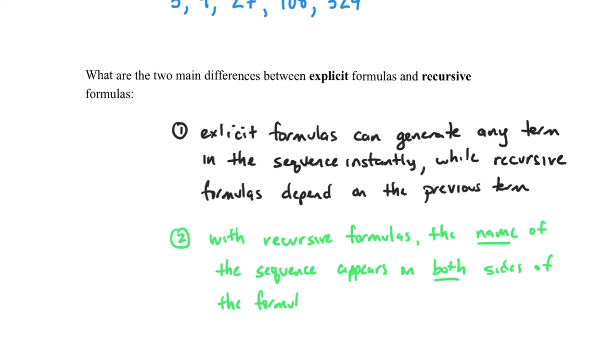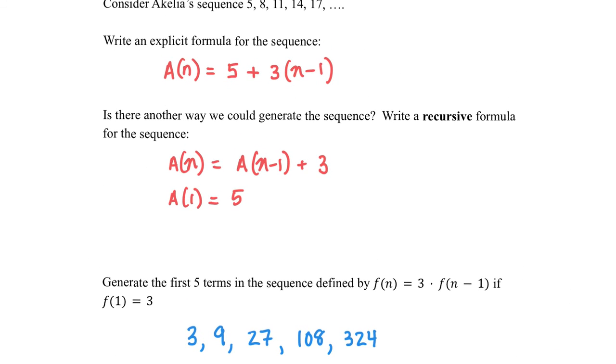And that's important for distinguishing. If we go back up here, in an explicit formula, the name of the sequence only appears on this side. So you don't see an A anywhere over here. But on a recursive formula, I want you to notice that A appears on both sides. That's a really easy way to distinguish between an explicit formula and a recursive formula. And that's it. That's lesson 2.